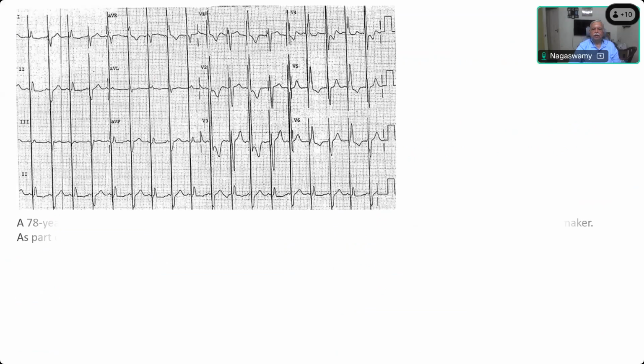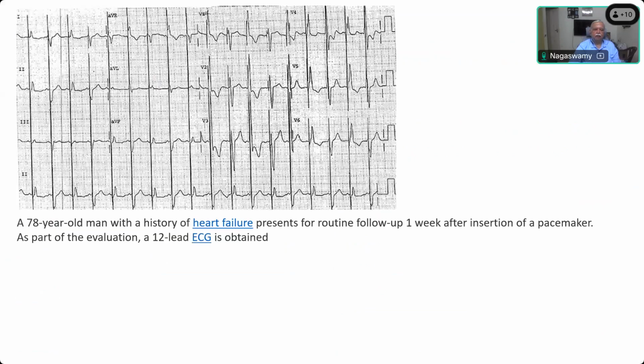Now you have been shown an ECG: a 78-year-old man with history of heart failure presents for routine follow-up 1 week after insertion of a pacemaker. As part of evaluation, a 12-lead ECG is obtained. What does the ECG show? Are you seeing any pacemaker spikes with a normal QRS?